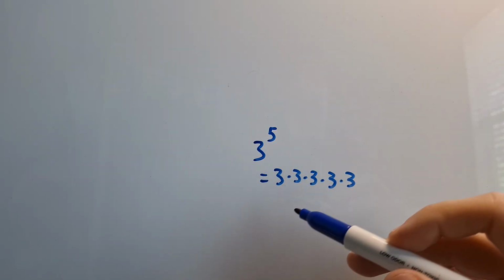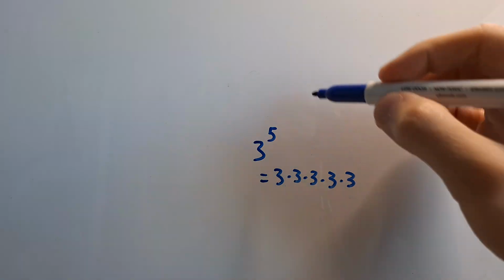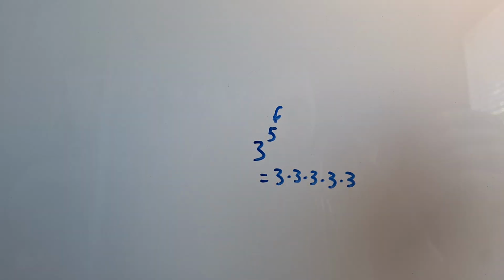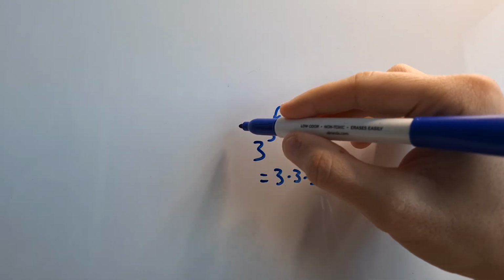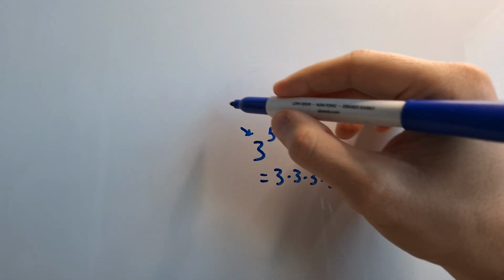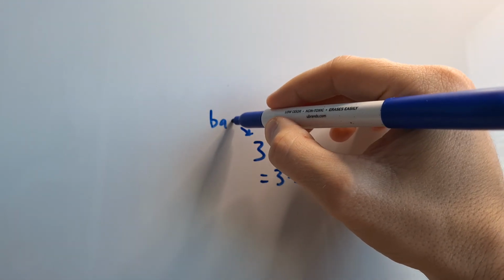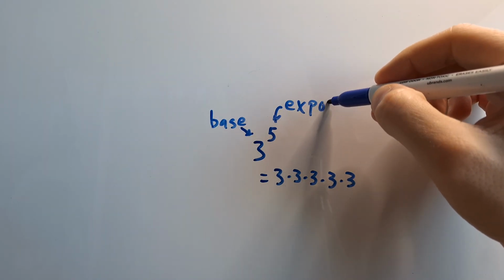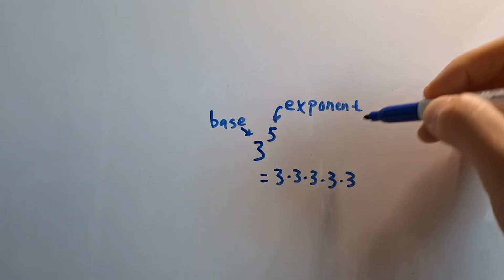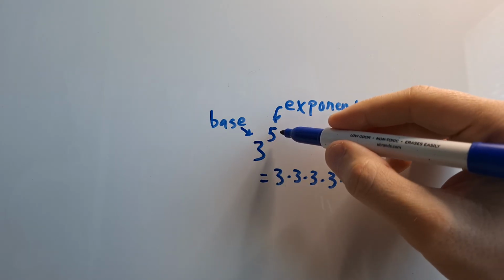So here we have a couple of things to talk about. The exponent here, also known as the power, refers to how many times the base, in this case 3, is multiplied by itself. I'll write that out here. So base, and this is the exponent. Sometimes it may also be referred to as the power.